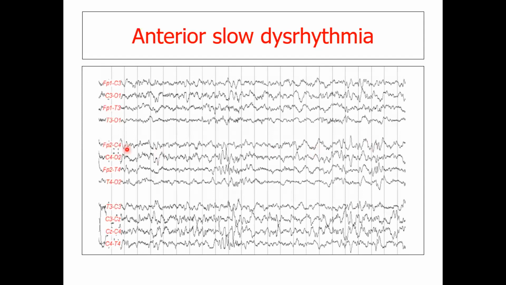Here anteriorly refers to the central. So C3, just focus on FP1, C3. These are of the theta range. Here in C4 also, wherever C is involved, CZ, C4, these are the anterior slow dysrhythmias. They again come in bursts. They are actually normal, but they may be reported as abnormal anterior epileptiform discharges.